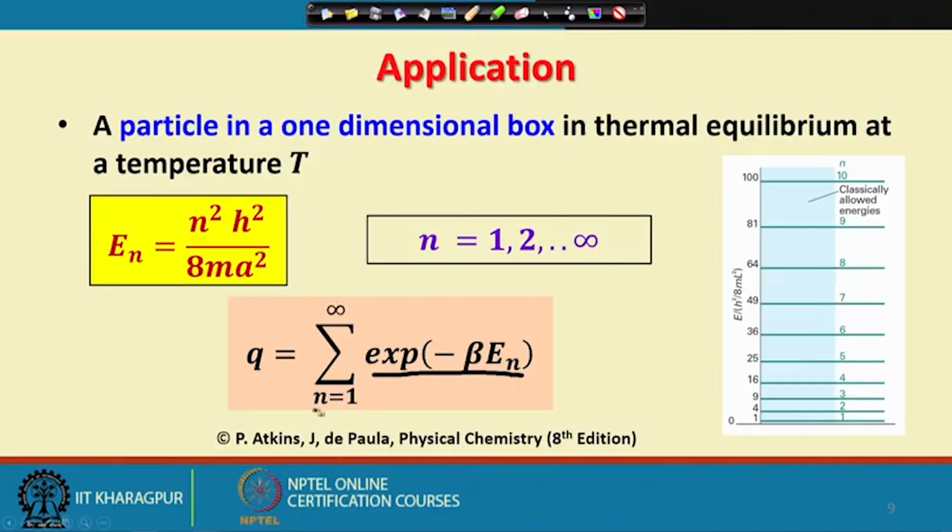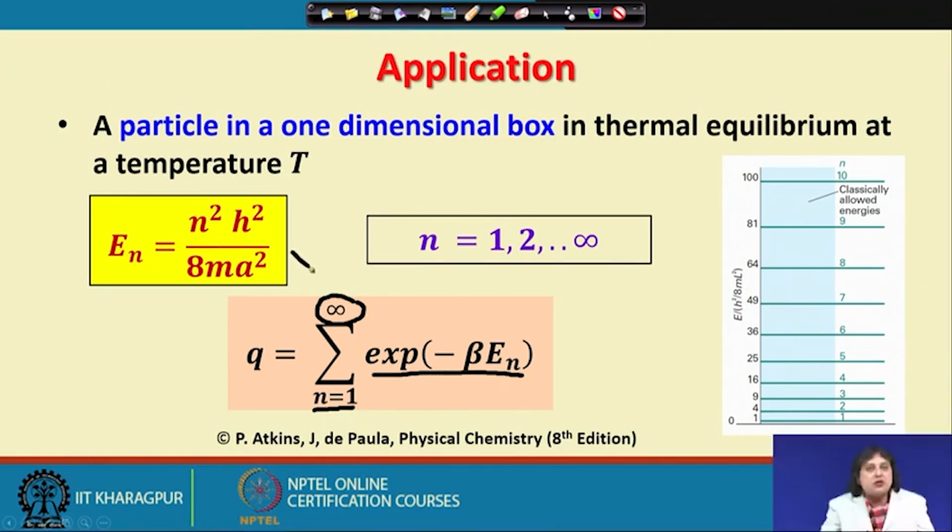Now, n starts from 1 and goes to infinity, right? And therefore, in order to evaluate this q, we need to evaluate this particular expression in keeping with the known solution of the Schrodinger equation for a particle confined in a one-dimensional box.